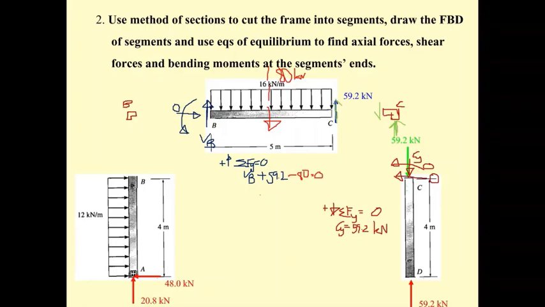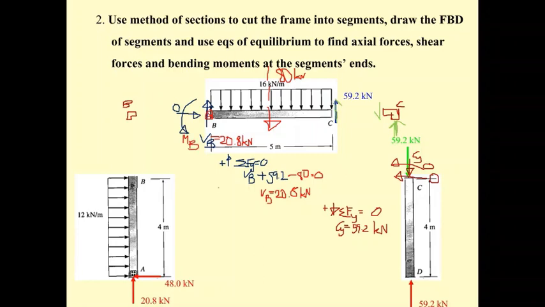So all the vertical force is written here, and then you're going to have V sub B equal to 20.8 kilonewton.